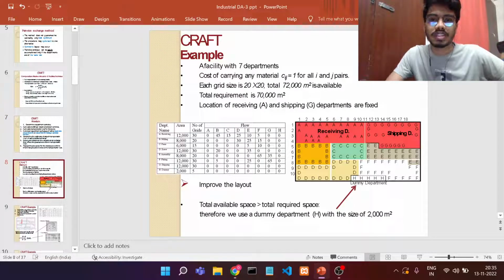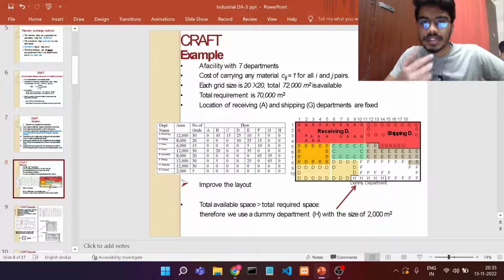So here is one example. As you can see, it is a facility with 7 departments. The cost of carrying any material we will denote by Cij, and that equals 1. Each grid size is 20 by 20, so the total area available is about 7200 square meters.